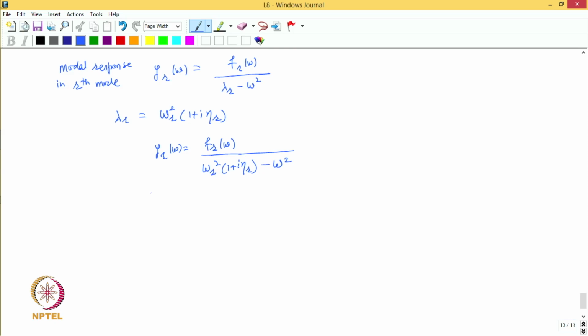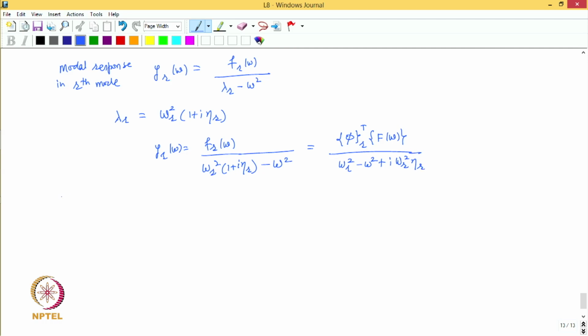And if you substitute the Fr in terms of eigenvector, the rth eigenvector multiplied by the vector of steady state harmonic forces, amplitude of harmonic forces, we get omega r square minus omega square plus I omega r square eta r.